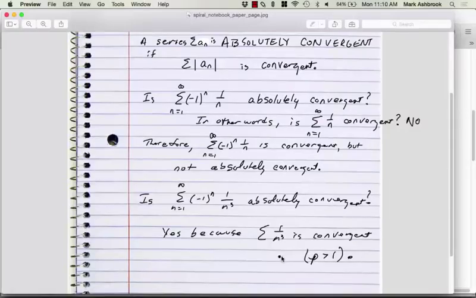Okay, so then there's something called the ratio test for absolute convergence.